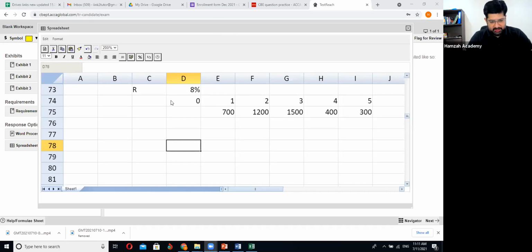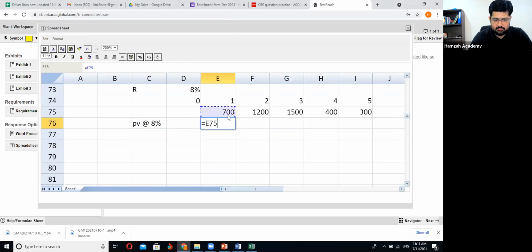Okay, let me solve it for you people. Present value at the rate of 8%. This multiplied by 1.08 raised to power minus.